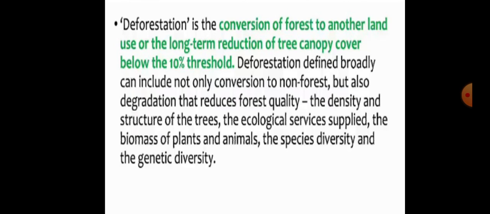Deforestation, defined broadly, can include not only conversion to non forest but also degradation that reduces forest quality, the density and the structure of the trees, the ecological services supplied, the biomass of plants and animals and the species diversity and the genetic diversity. We should also remember if the forest cover is decreasing, it will directly affect our rainfall and also the climatic change which is going to affect us.